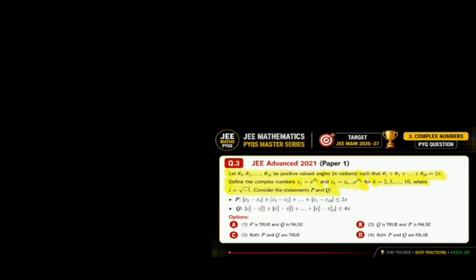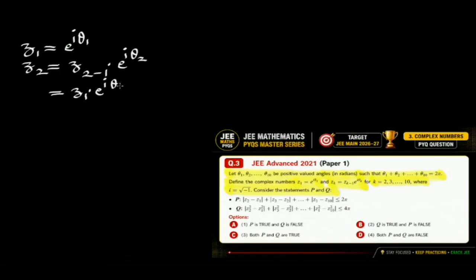Let's expand the first few terms. z1 equals e^(i theta 1). z2 equals z1 times e^(i theta 2), which is e^(i theta 1) times e^(i theta 2), that is e^(i(theta 1 plus theta 2)).